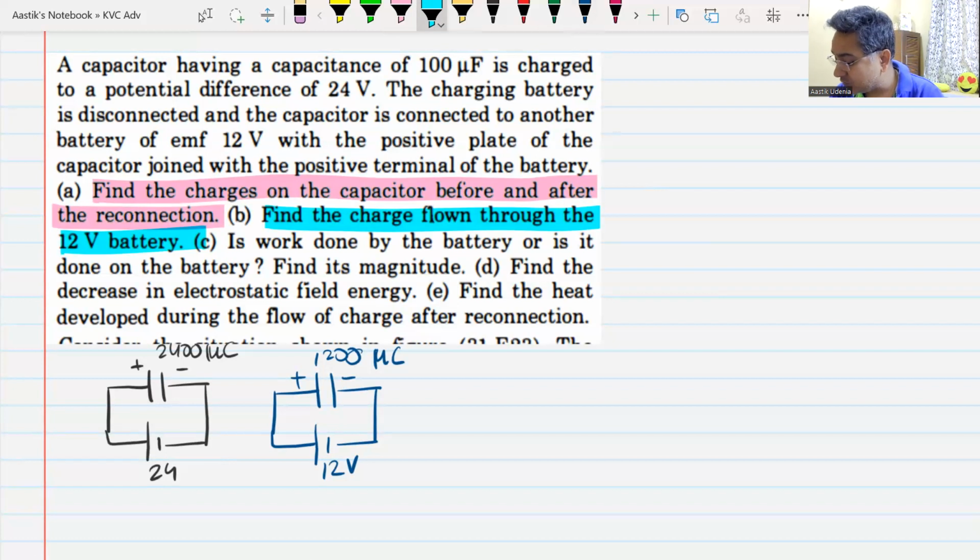You look at any one of the terminals and you see how much charge has flown to the battery. This one was plus 2400. This one has become now plus 1200. So how much charge has flown?